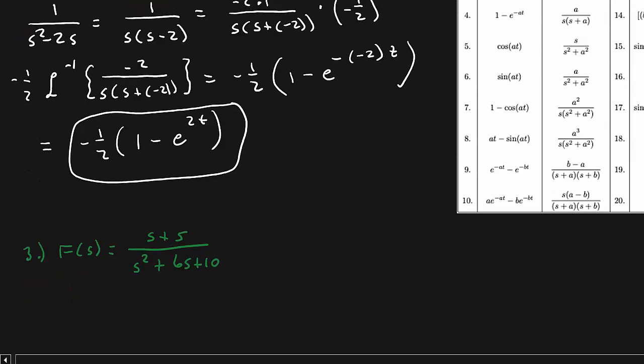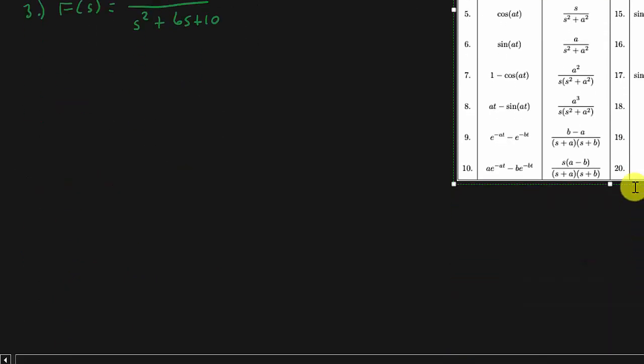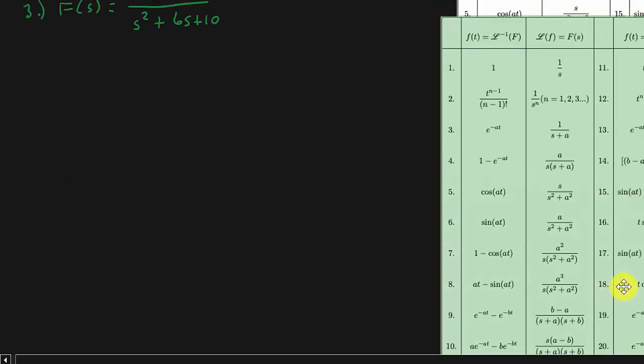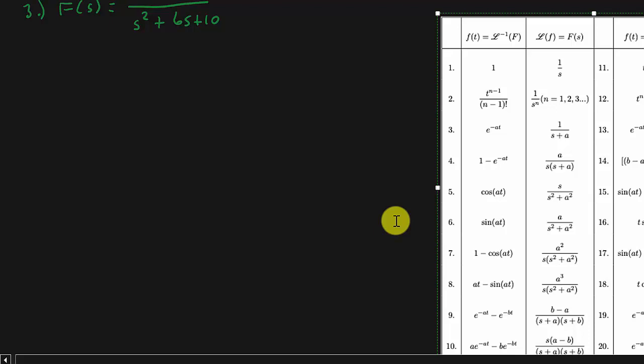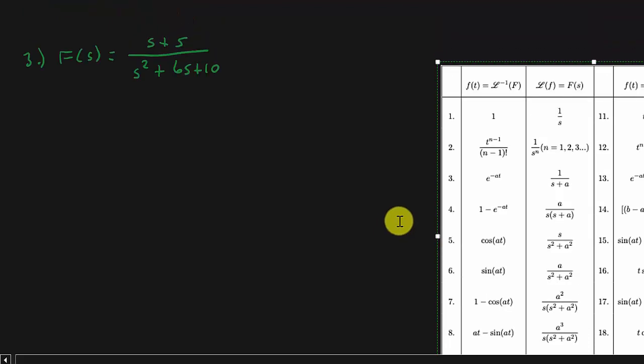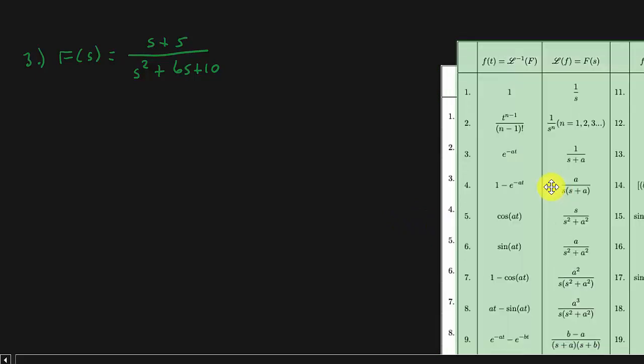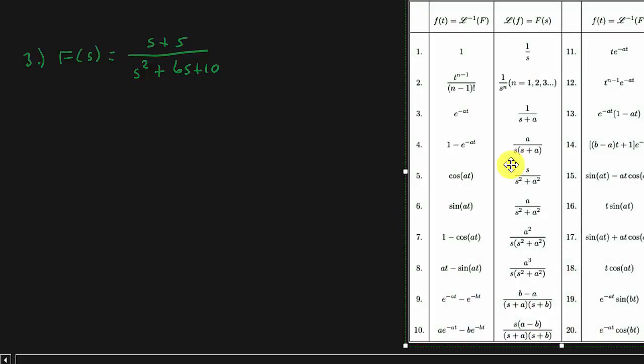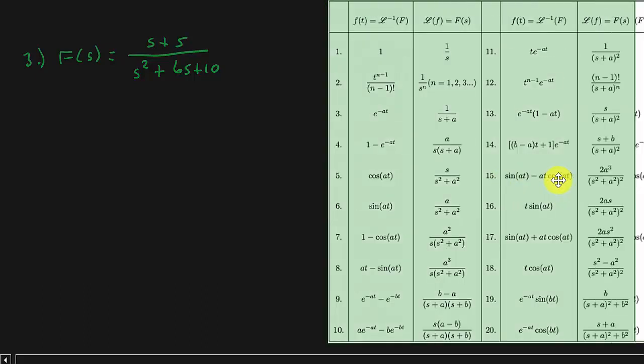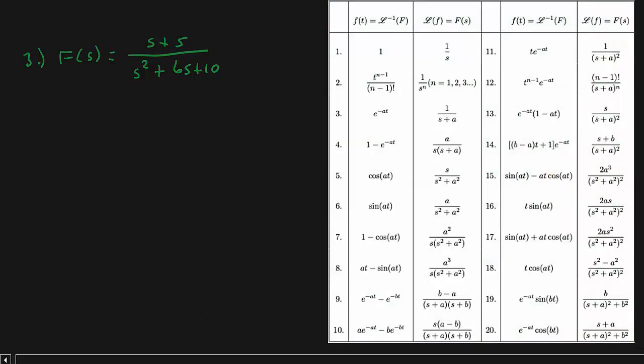Okay. So let's come down here to this next one here. Let's bring the table down with us. Got to have the table. We like the table. All right, so I need to take the inverse Laplace transform of this thing. So if we look at the table, we can see that nothing matches.